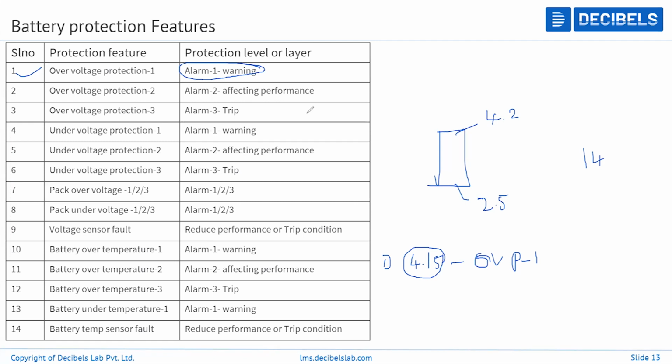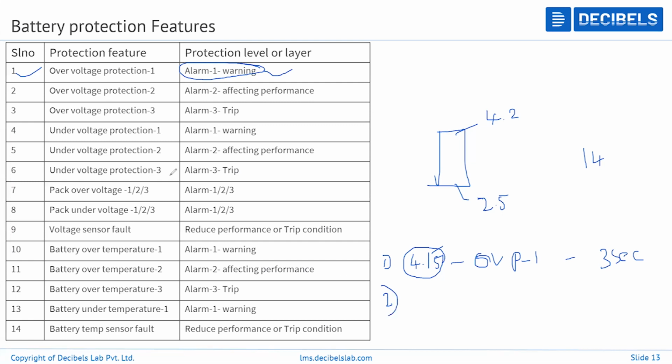For how many seconds it gives that warning, you can mention. That depends on the testing of the battery; we can't just put random values. For our case, we'll mention 3 seconds. So as the cell reaches 4.15 and it is observed for 3 seconds continuously, then this protection starts triggering.